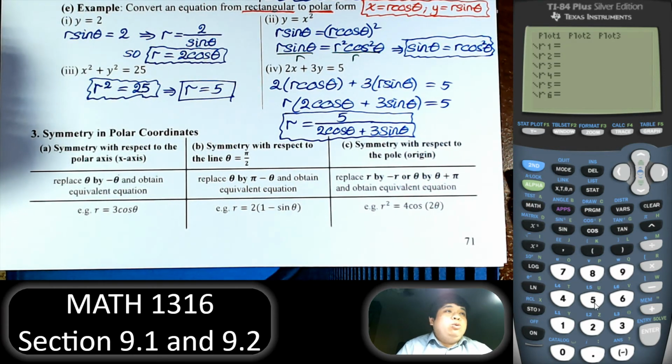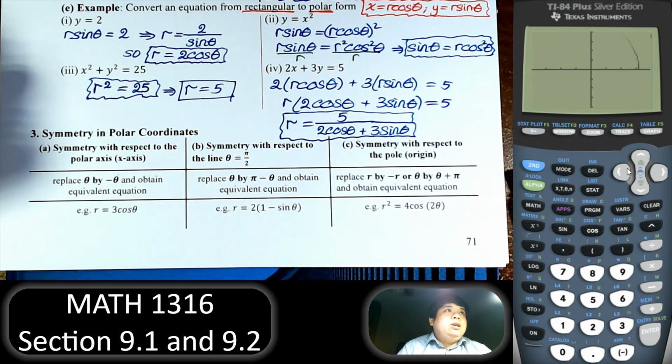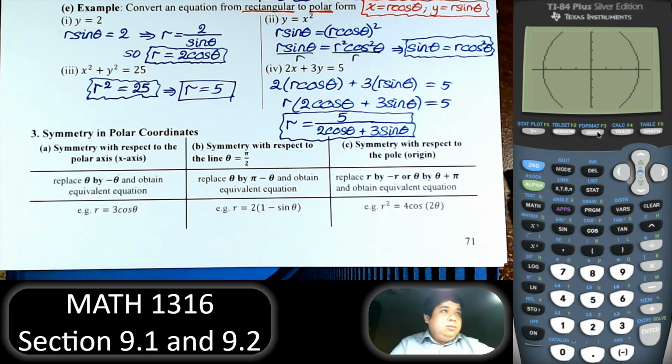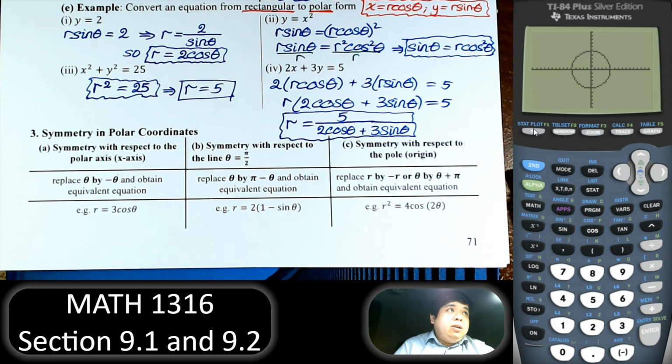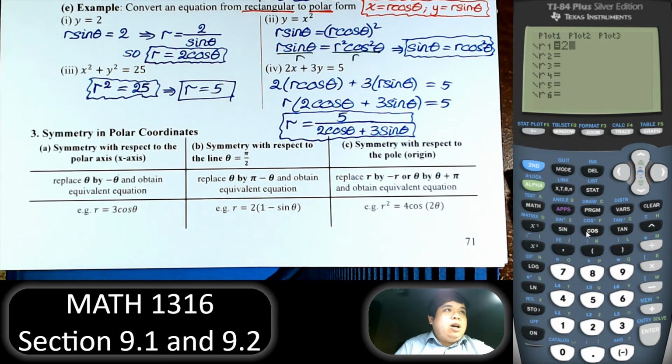If r equal to 5, for example, that is a circle, right? Make sure we have the same x-axis as the y-axis, so we use square, so that is a circle, right? Now, of course, we can type a lot of things, like 2 cosine theta.